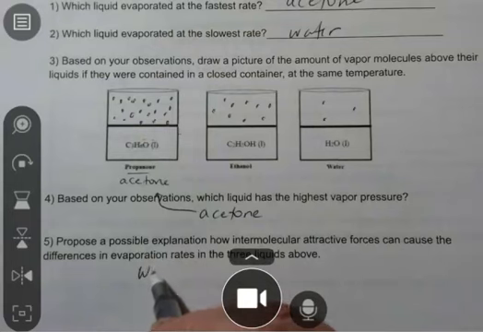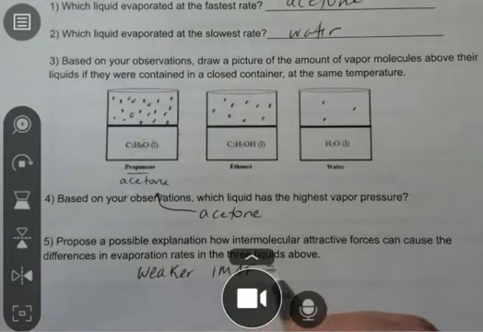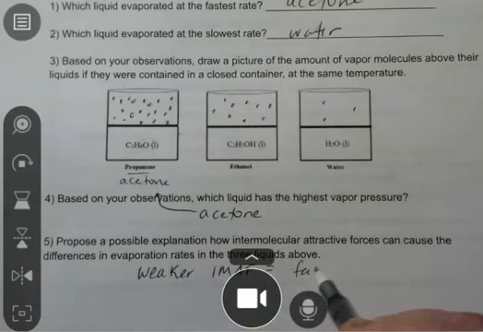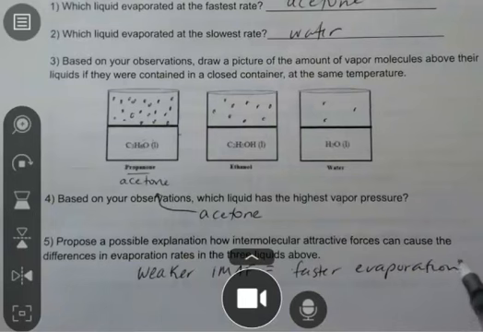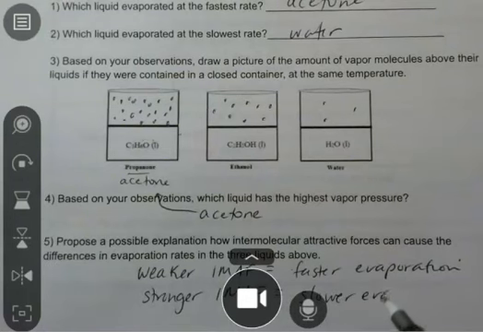So we could likely assume that weaker intermolecular attractive forces translate to faster evaporation. And maybe saying the same thing, but in the opposite direction, stronger intermolecular attractive forces result in slower evaporation.